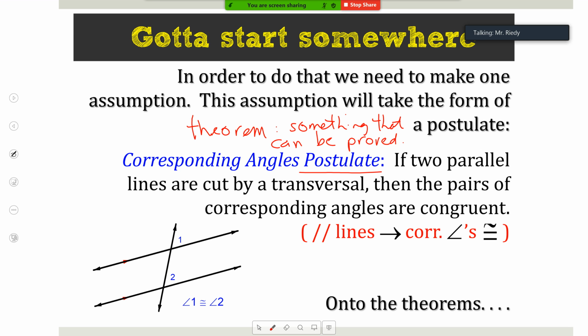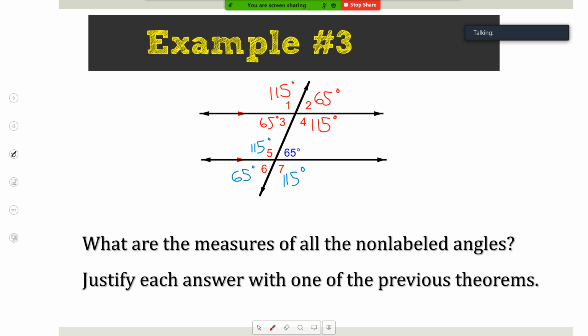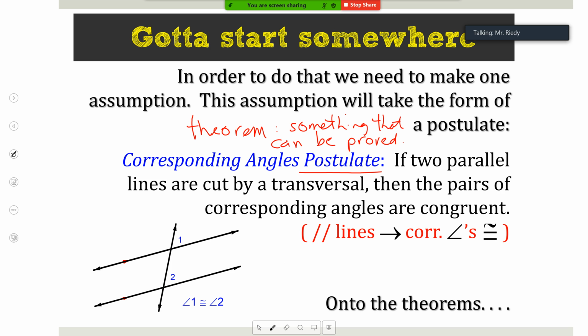So if we go back to this picture, does it make sense? Well, yeah, here's my corresponding angles. 7 corresponds to 4. Those are congruent. The 65 corresponds to 2. Those are congruent, et cetera, et cetera, all the way around the picture. But again, I'm not proving it. I'm just telling you that that's the case, and we're going to move on from there.